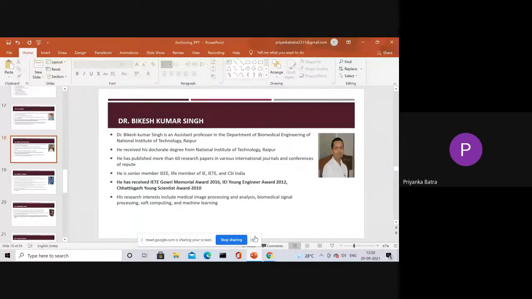He is a senior member of IEEE, and a life member of IE, IETE, and CSI India. He received the IETE Gauri Memorial Award in 2016, the IEI Young Engineers Award in 2012, and the Chhattisgarh Young Scientist Award in 2010. His research interests include medical image processing and analysis, biomedical signal processing, soft computing, and machine learning.